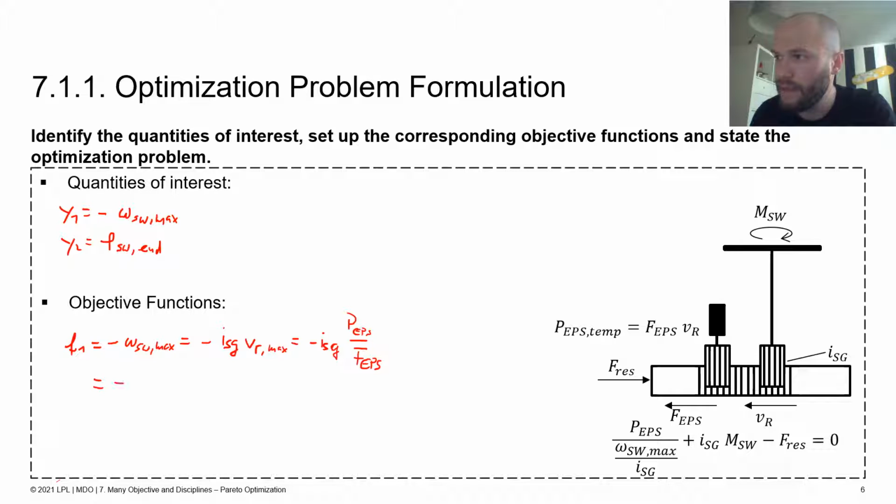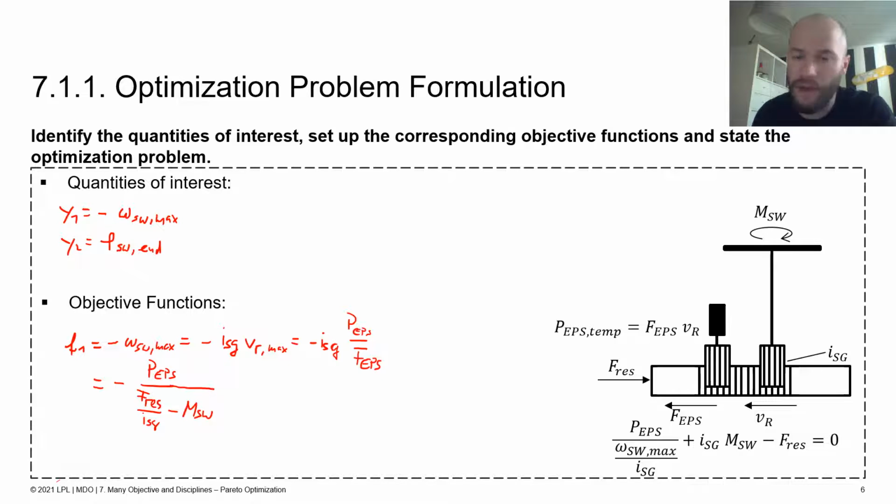So it's minus the power of the EPS actuator divided by the resistance force divided by the ratio of the gear minus the torque of the steering wheel.